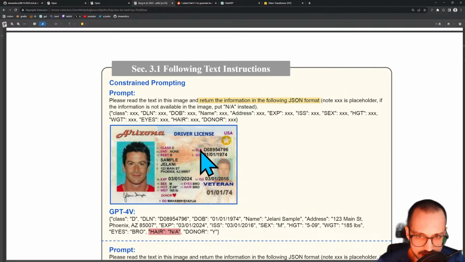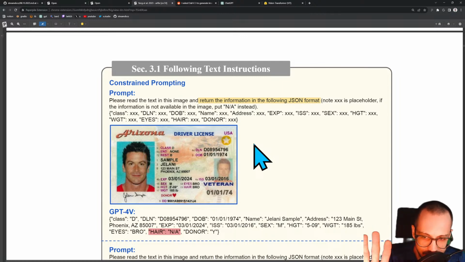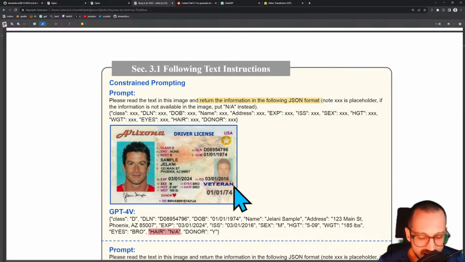This is a very common type of task, not specifically driver's licenses, but forms and documents, going from a PDF of random stuff filled in to actual populated JSON like this. There are probably hundreds, if not thousands, of companies that do this kind of stuff.